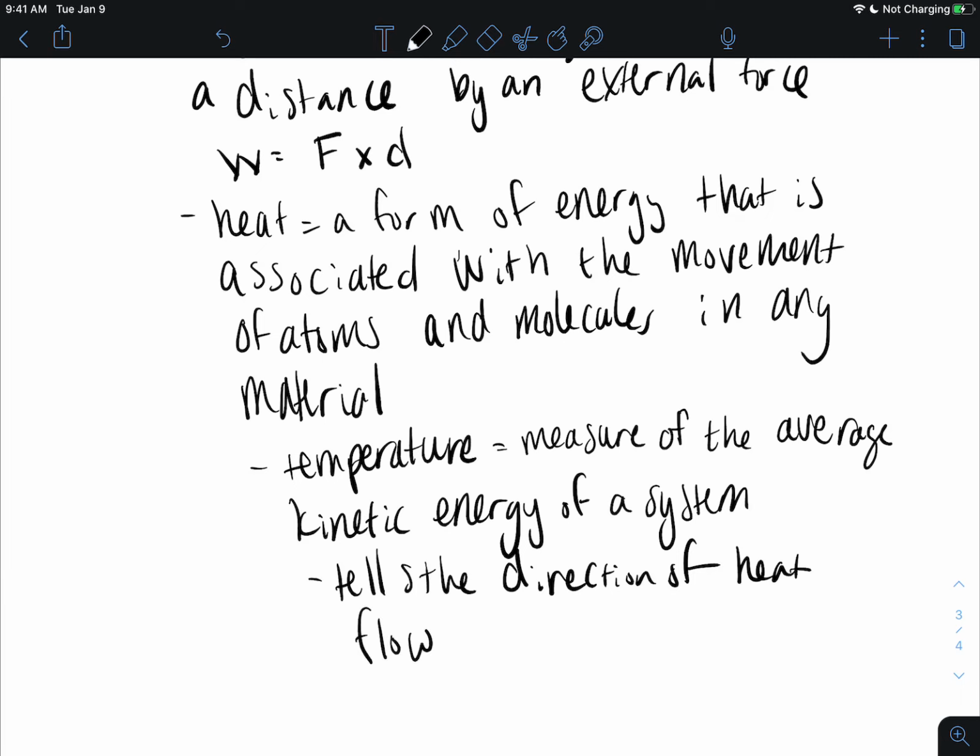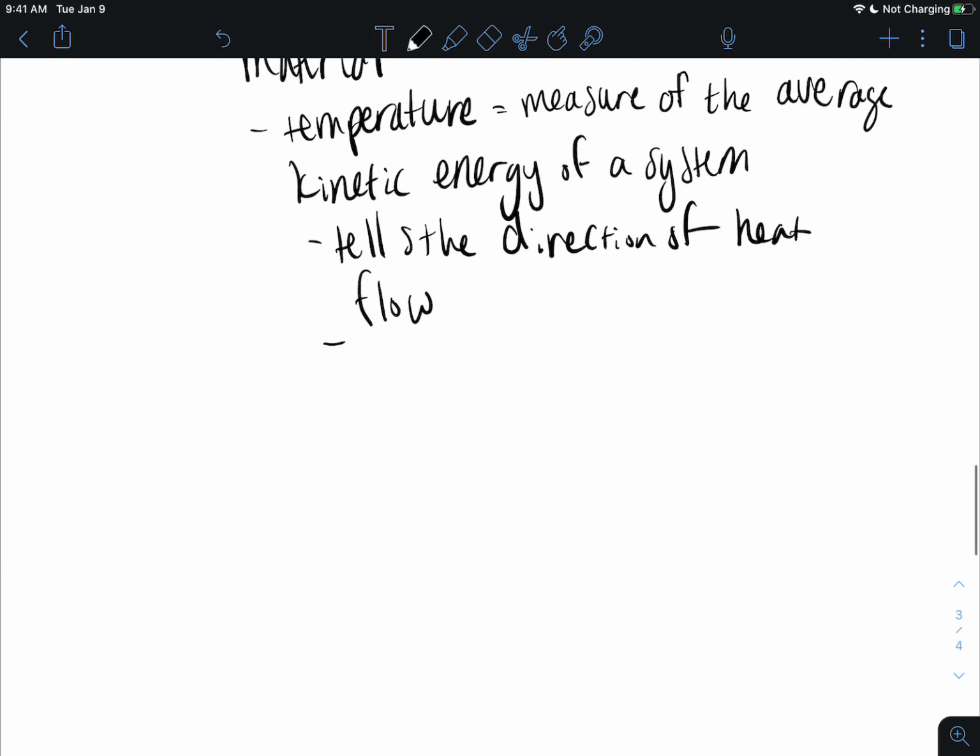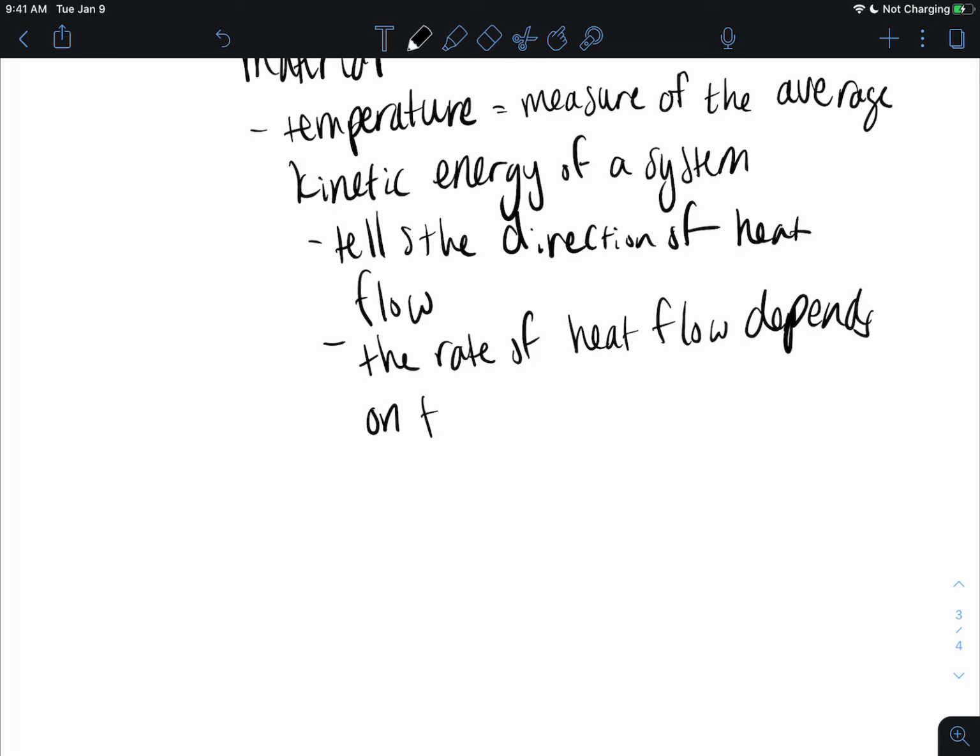Where heat will flow from a hotter object to a cooler one. And then the rate of heat flow depends on the temperature differential, basically the difference in temperature. The greater the temperature difference, the greater the heat flow.